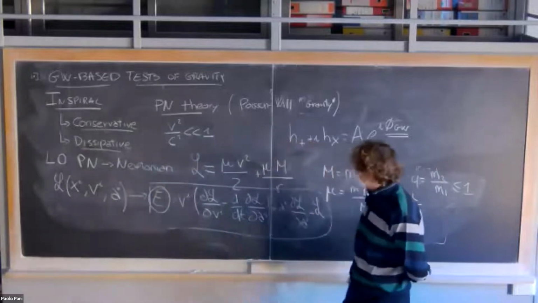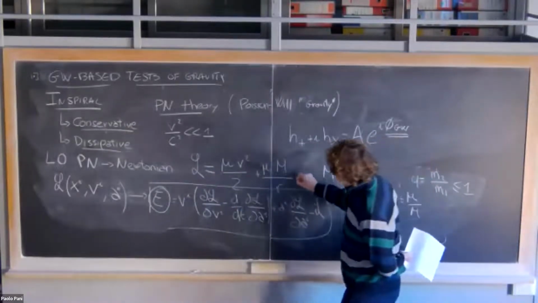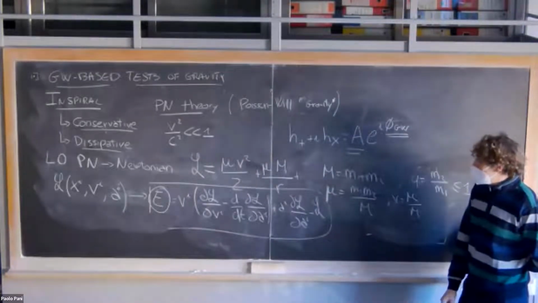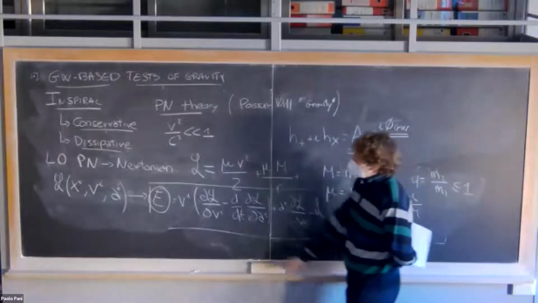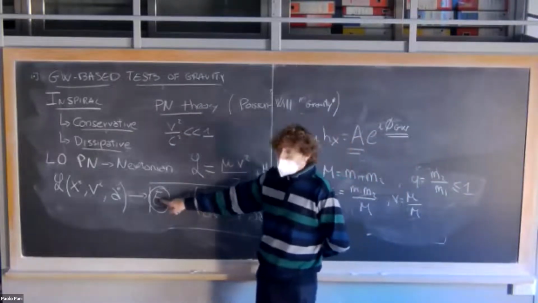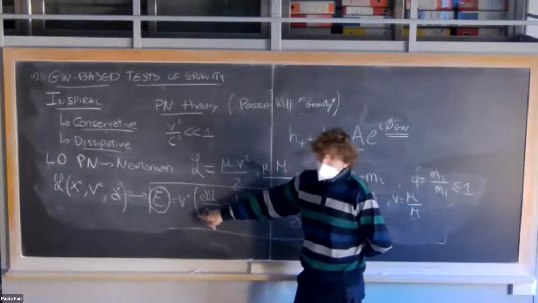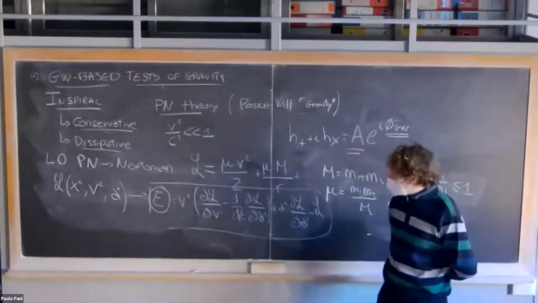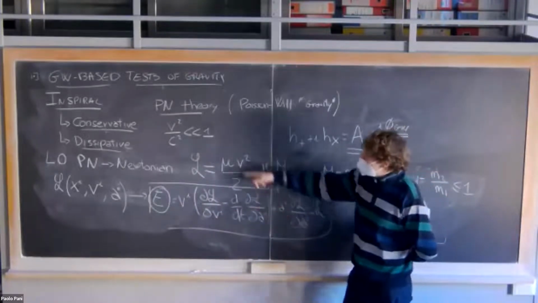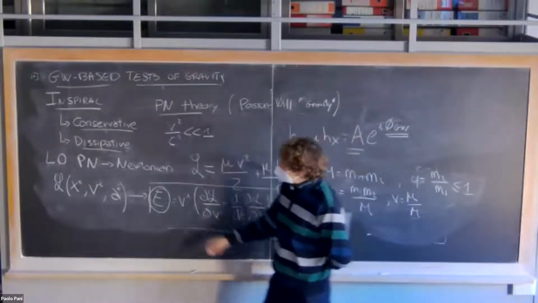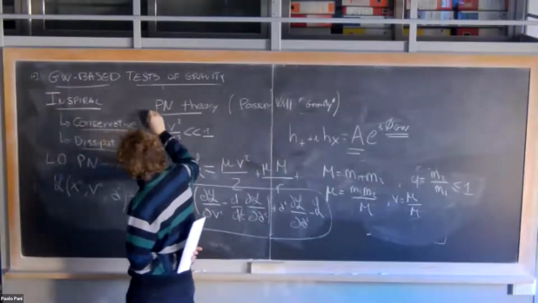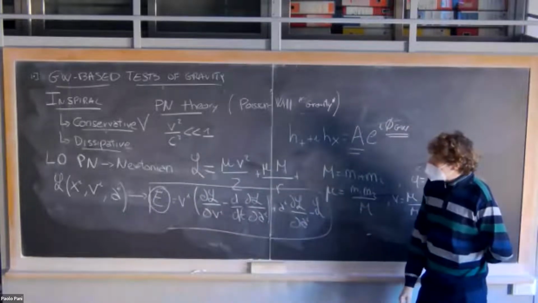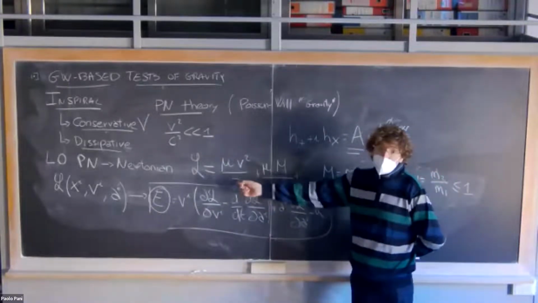And this will be valid in general, even if this Lagrangian is then complicated by extra post-Newtonian terms that we will see in a moment. But so the idea is that given the Lagrangian of the system, one can compute the energy, and this energy is essentially the equivalent of Kepler's law in Newtonian gravity, but can acquire corrections in this expansion here. And so this describes the conservative part of the dynamics. So how the energy of the system is related with, for example, the orbital radius.